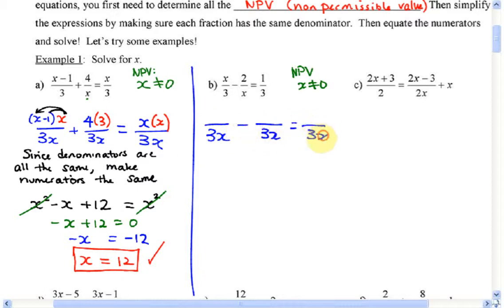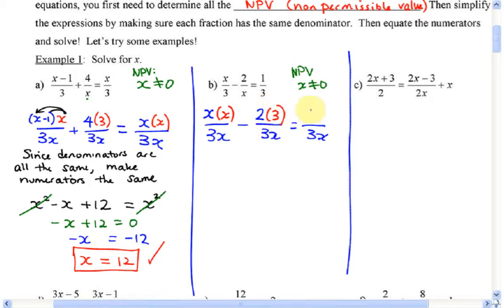Go for it. Think about what's missing on the top. X, multiply that by x, I believe. The 2, I'm going to multiply by the 3.